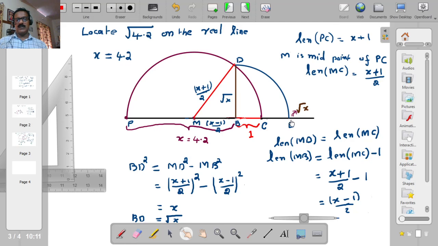Now take B as the origin, or the point 0. Now we are representing 0 at point B. Now we are going to mark the points.